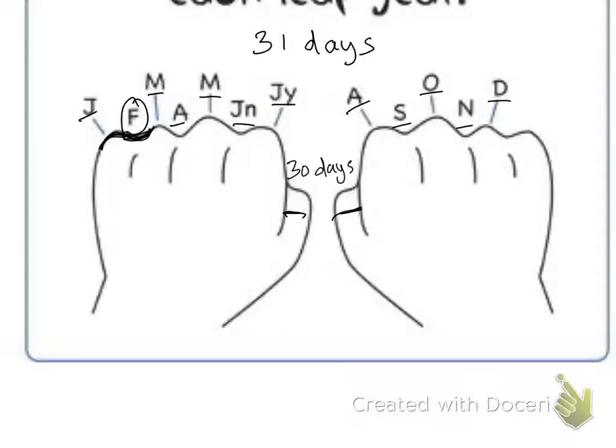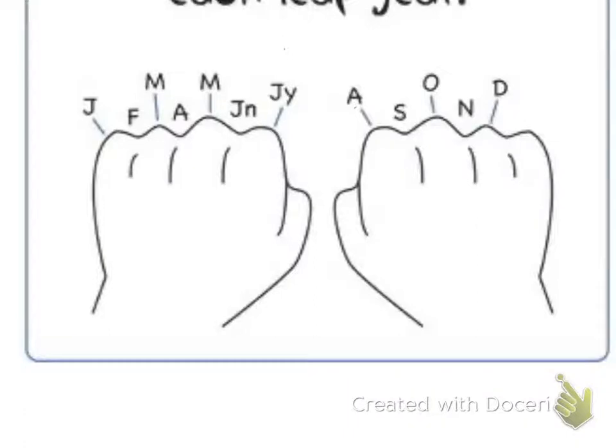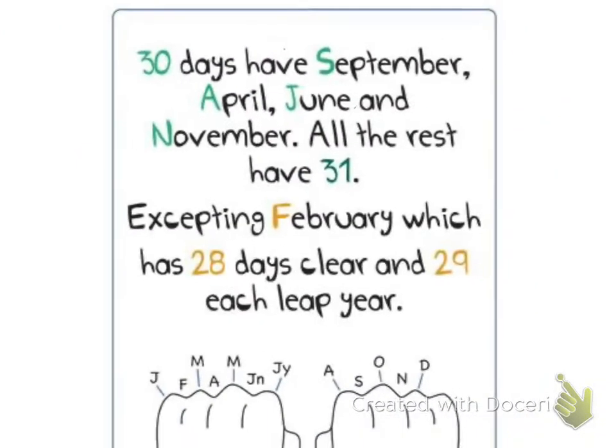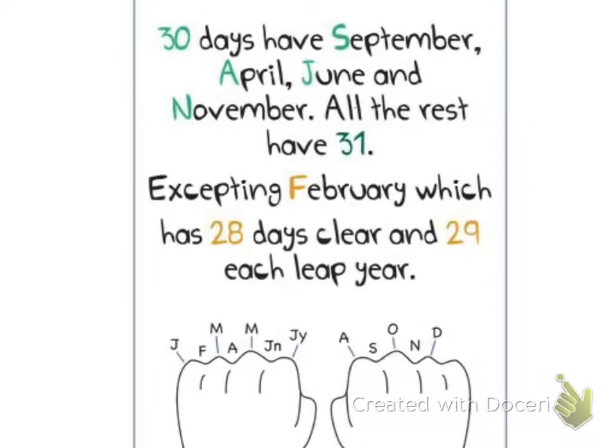And there's a rhyme to help us remember this. I'm going to pull that rhyme down because it's up higher. So the rhyme goes, 30 days have September, April, June, and November.